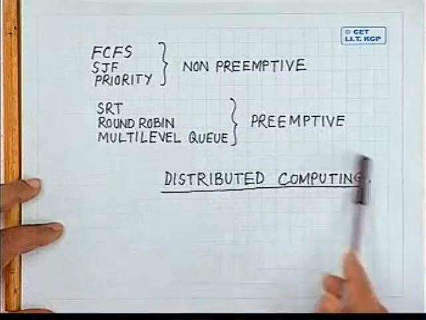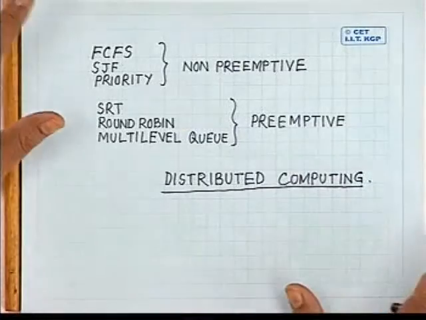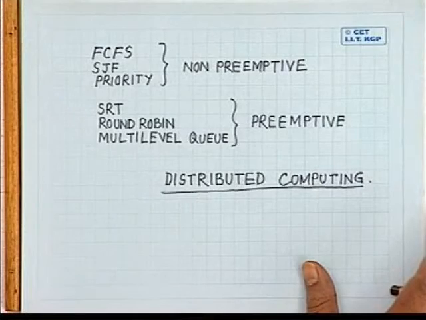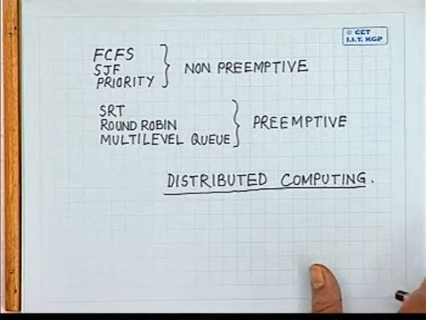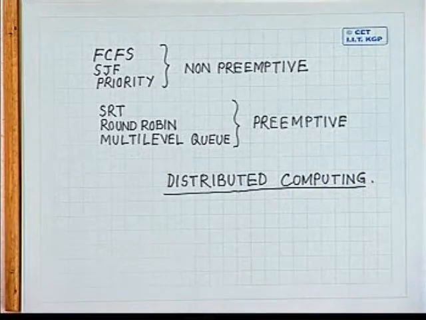So in the distributed computing environment, I have a number of computers connected over the network, and a number of jobs which are to be executed in that distributed environment. There my decision has to be which of the jobs is to be allocated to which of the computers. So for that, different considerations are to be made.